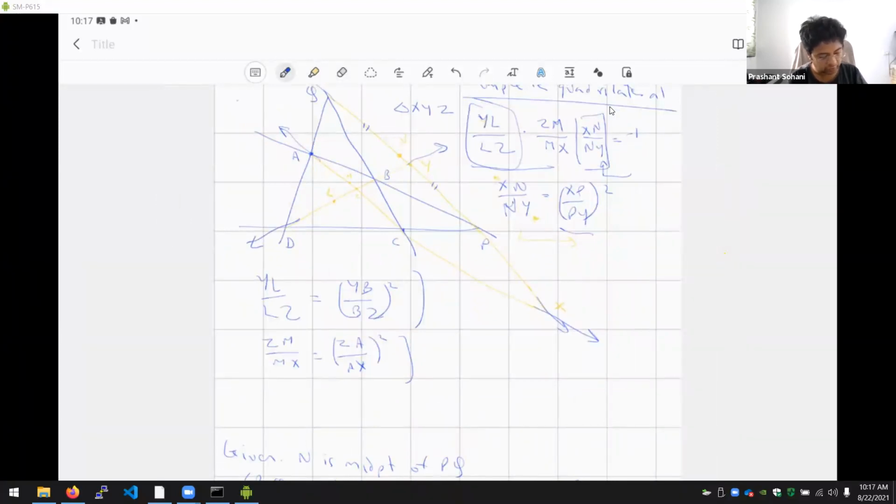The original product, if I call it star, then star is equal to YB upon BZ into ZA upon AX into XP upon PY whole square. I've just taken the whole square outside.